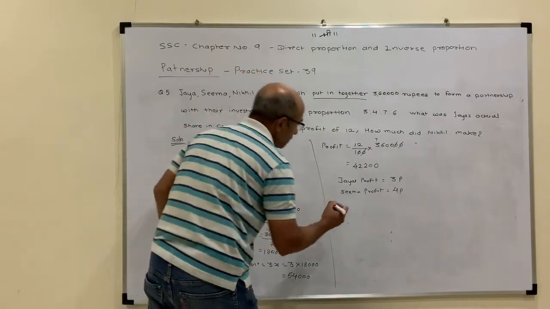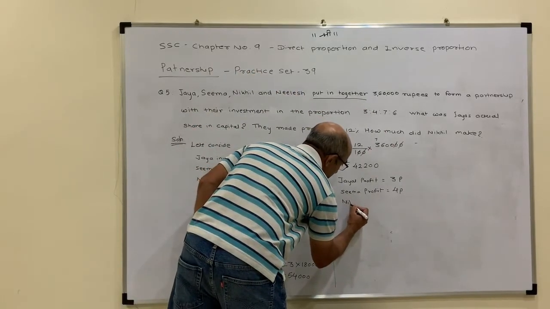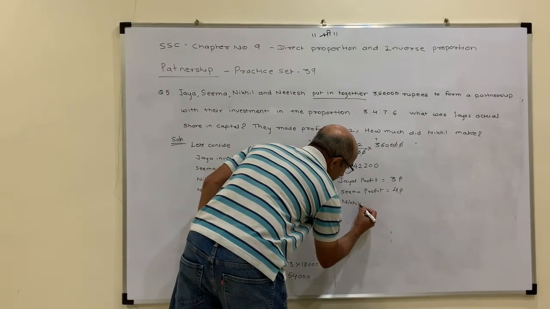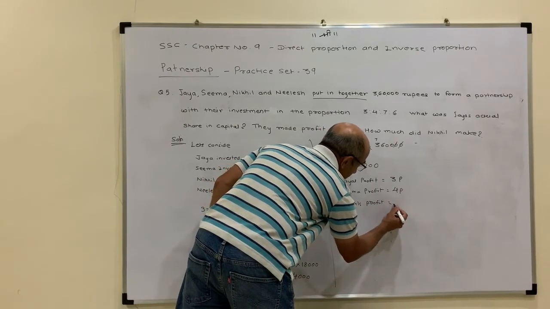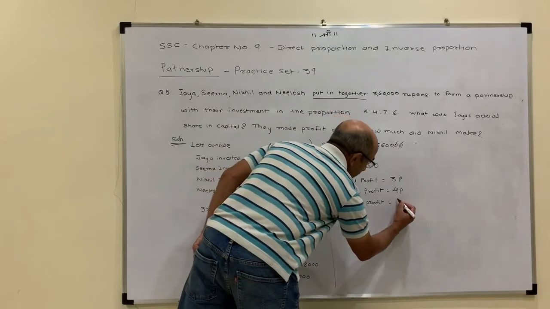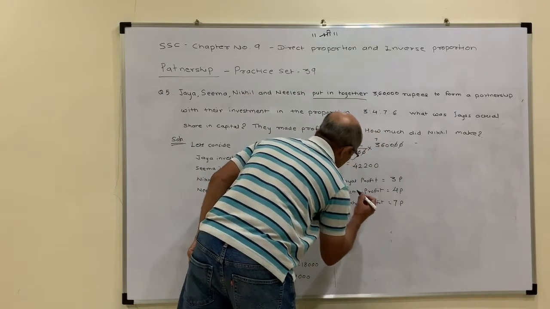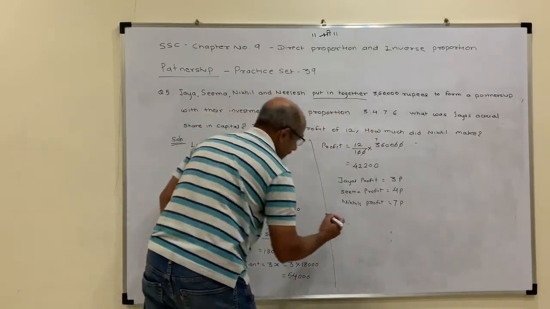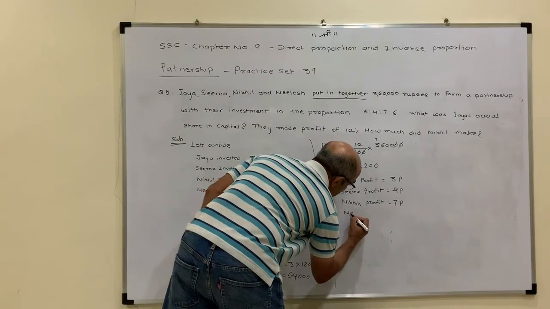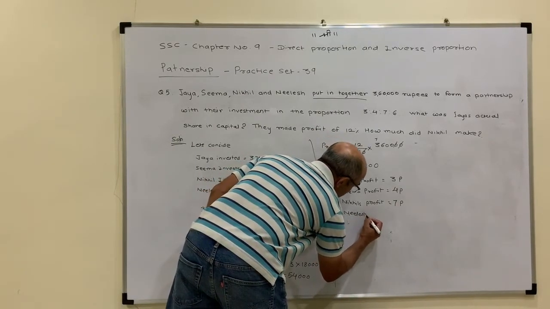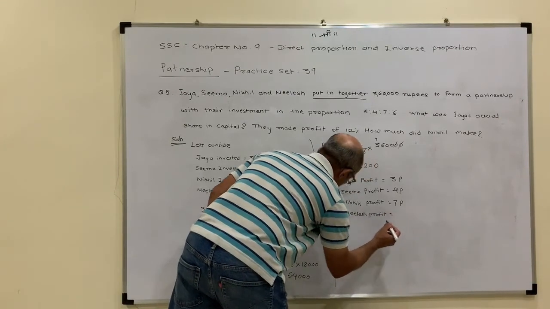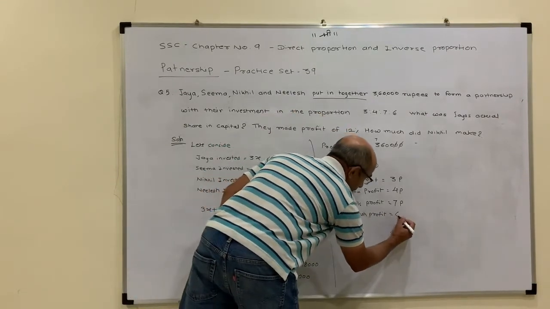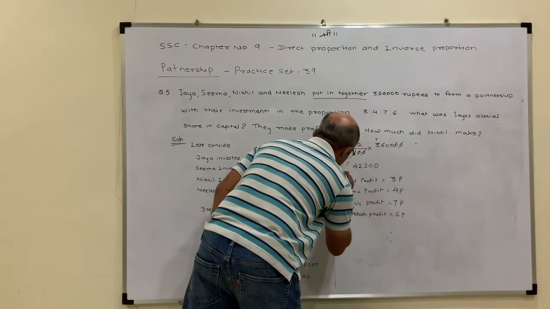Then Nikhil's profit equals 7p. And then Nilesh's profit equals 6p. Let's consider.